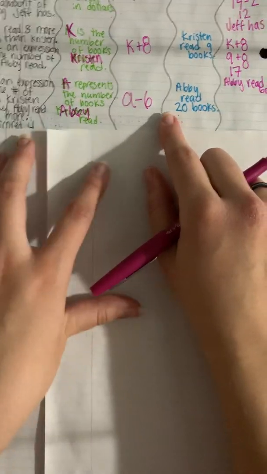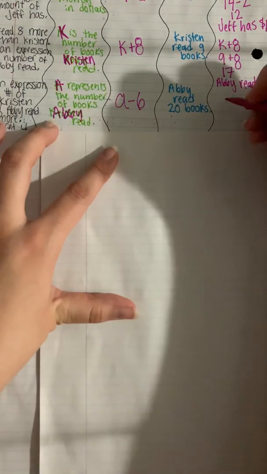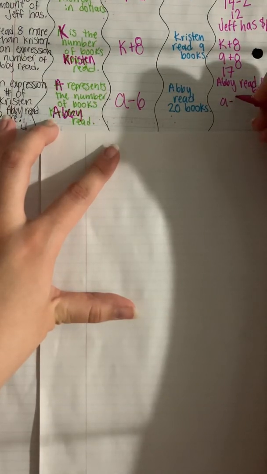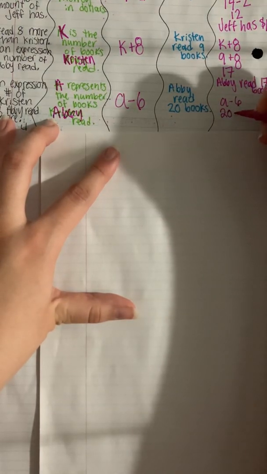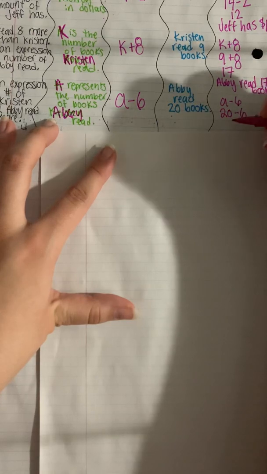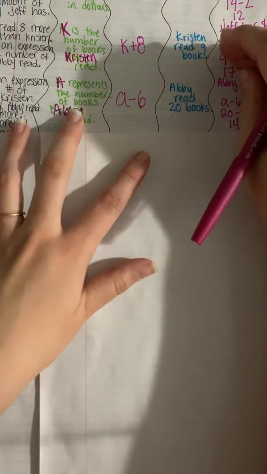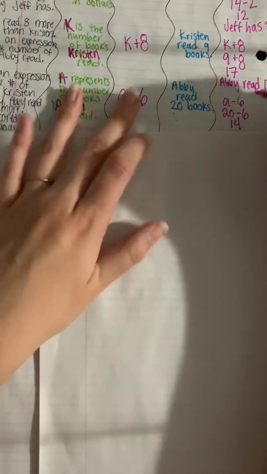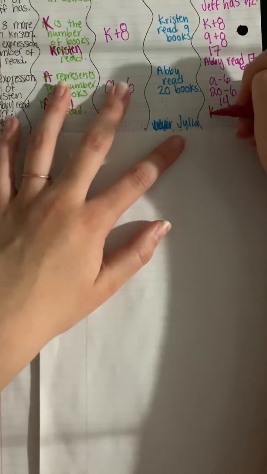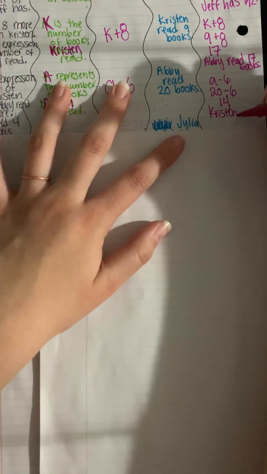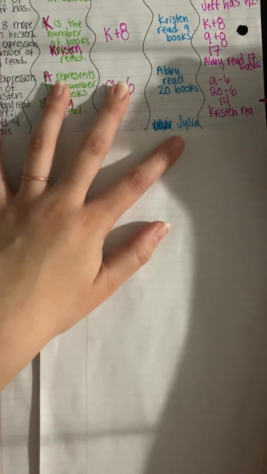So let's pretend Abby read 20 books. We can take our expression and plug in a 20 whenever we see an A. So 20 minus 6 is 14. So when Abby reads 20 books, Kristen reads 14.